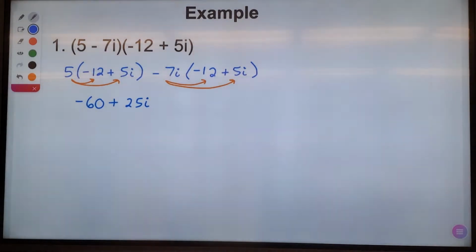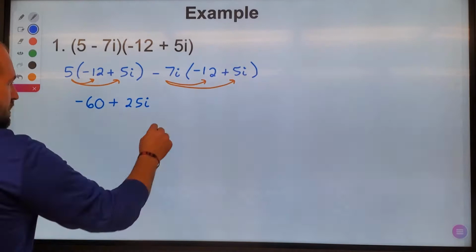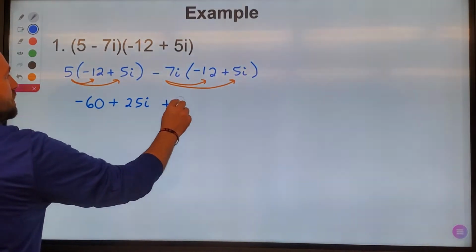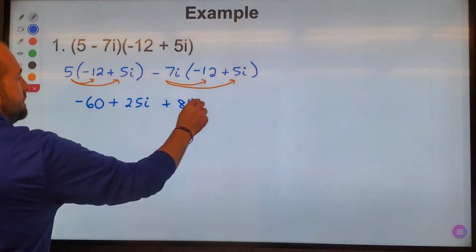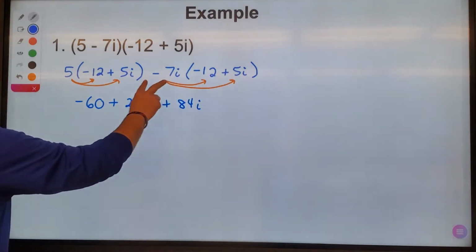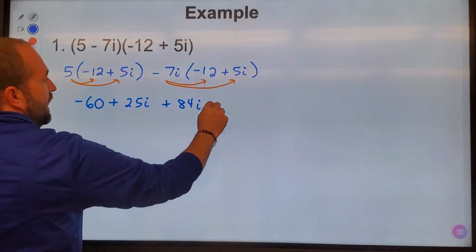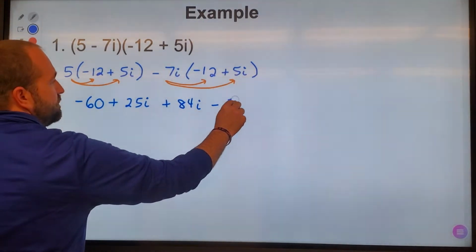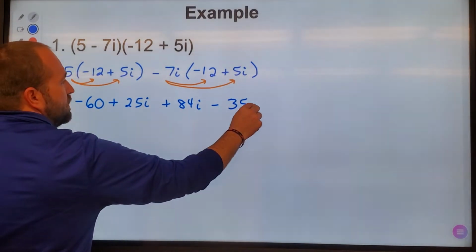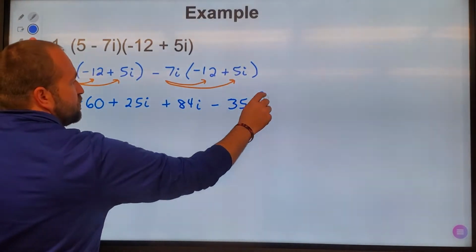We have negative 7i times negative 12, which becomes plus 84i. And then negative 7i times 5i is negative 35i squared.